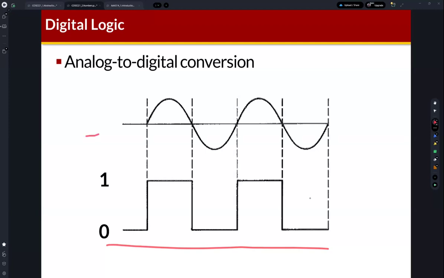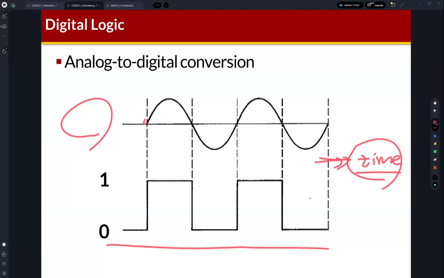So this is the analog signal. As you can see, an analog signal is a continuous signal. This is time. By time, the signal values change continuously. So this is the analog signal, the real signal.